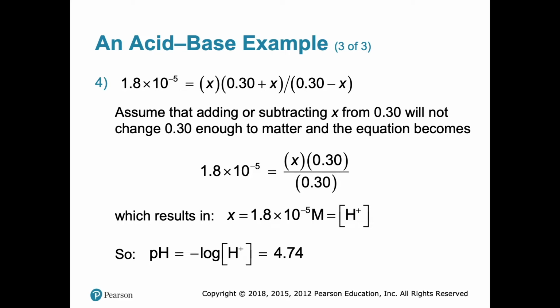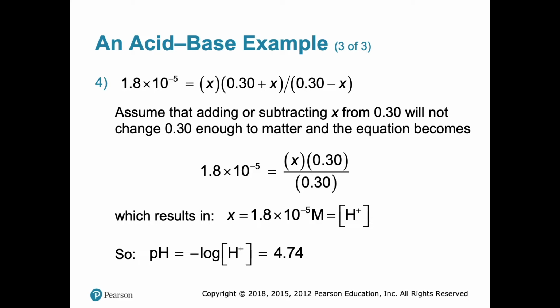Why? Because the 0.3 cancels out. Again, you're welcome. I know you're not really seeing that yet, but you're welcome anyway. There's no math to do at all because they cancel, so literally x is just the Ka now.